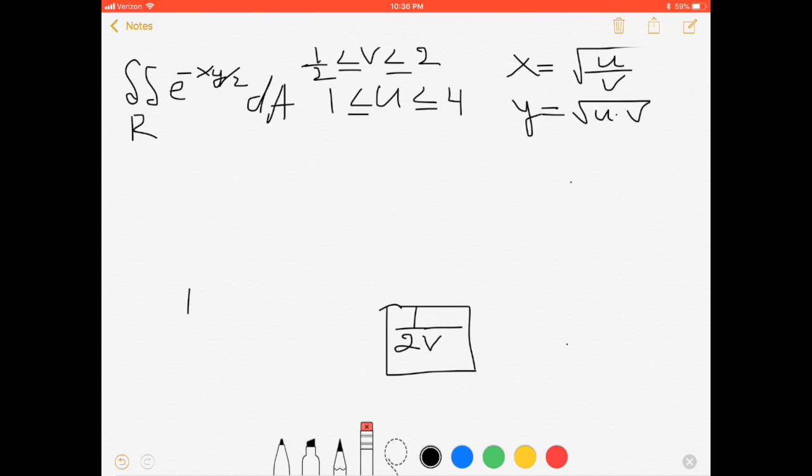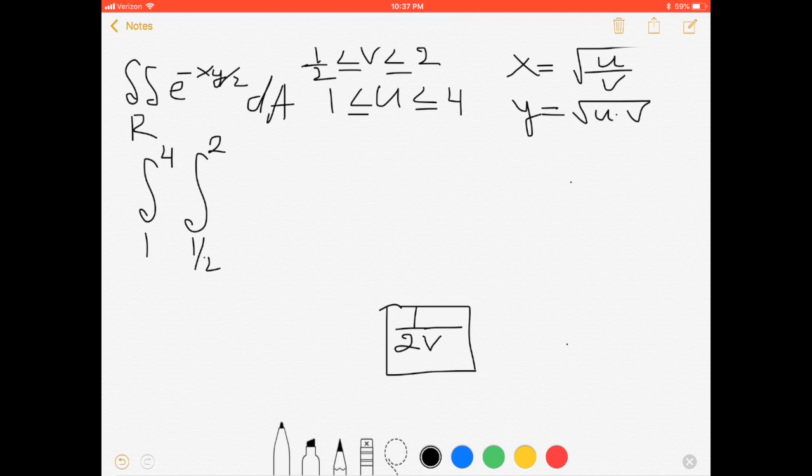We have the integral. u is changing from 1 to 4, v is changing from 1/2 to 2. What function do we have here? We have the product of x and y.